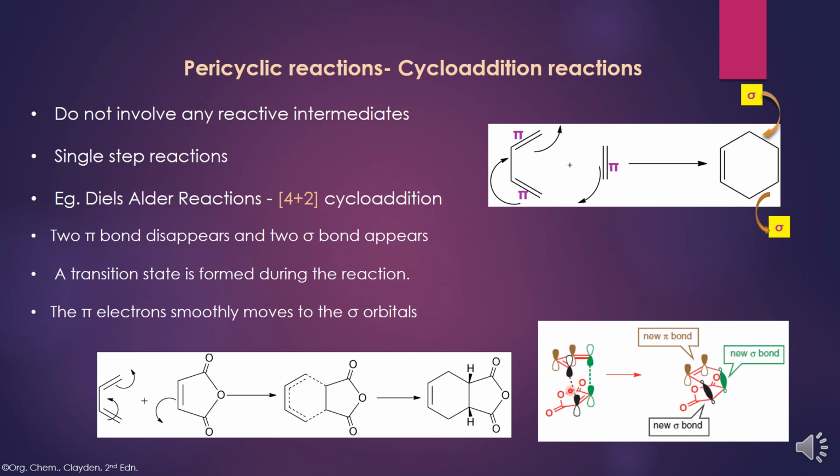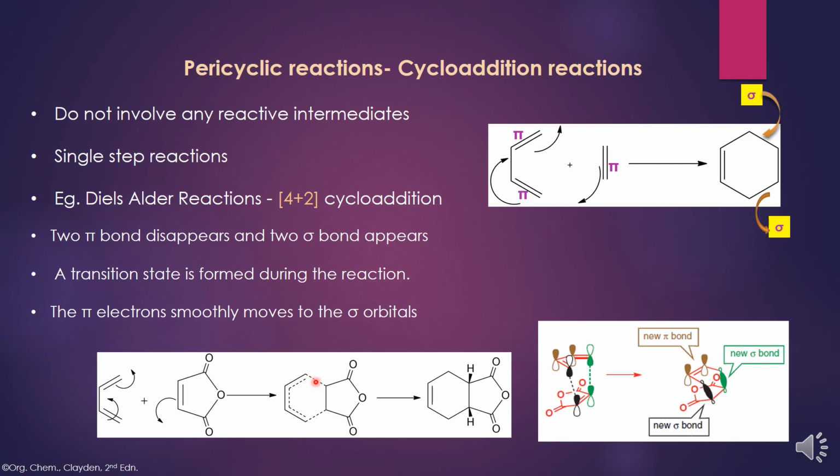And this is the orbital diagram showing the interaction of the reactants during the Diels-Alder reaction. Here it is shown the orbital diagram for the diene, and here it is shown the orbital diagram for the maleic anhydride, and we can see a new pi bond is formed and two new sigma bonds are formed between these two reactants.